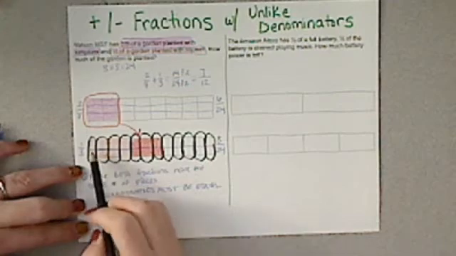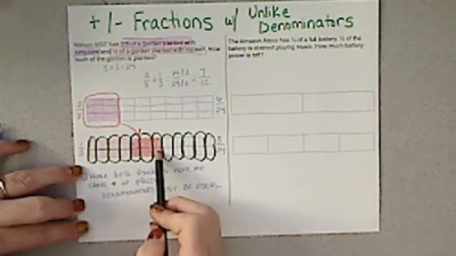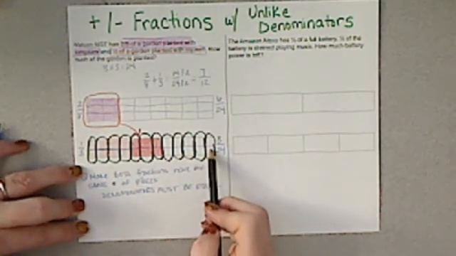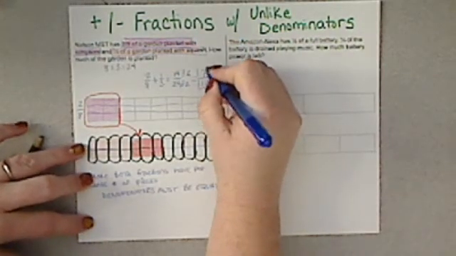We now have 1, 2, 3, 4, 5, 6, 7 shaded out of 8, 9, 10, 11, 12. So our final answer would be 7/12.